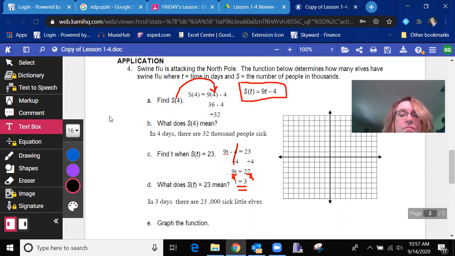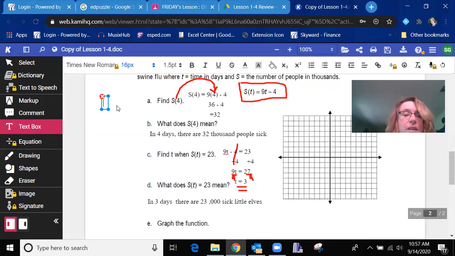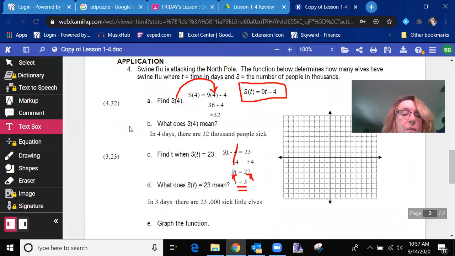For a, would it be 4, 32? Yes, so we have this point 4, 32. And then for C, we have a different point, 3, 23. That's really the data that we have: these 2 points. This one is a 4 with a 32 and then a 3 with a 23.